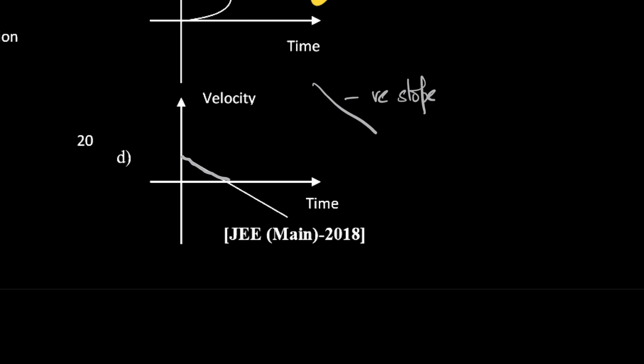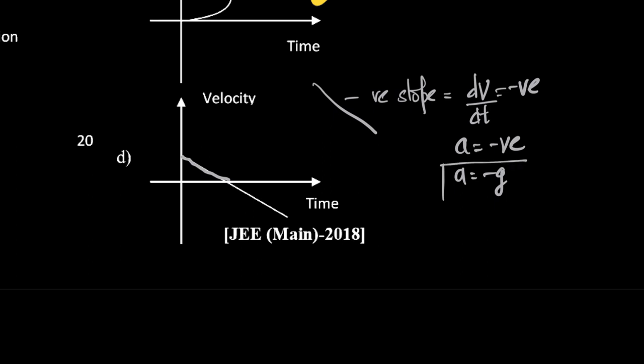Negative slope implies that dv by dt is negative. The change in y-axis by change in x-axis is negative. What is dv by dt? It is acceleration. So acceleration is negative. Is it true? Yes, because when the object is projected up, acceleration is equal to minus g. So yes, that part is correct.